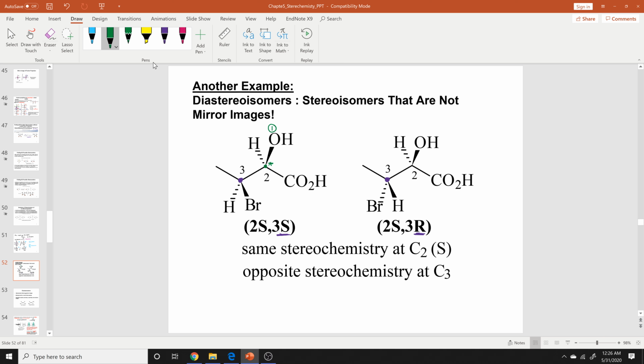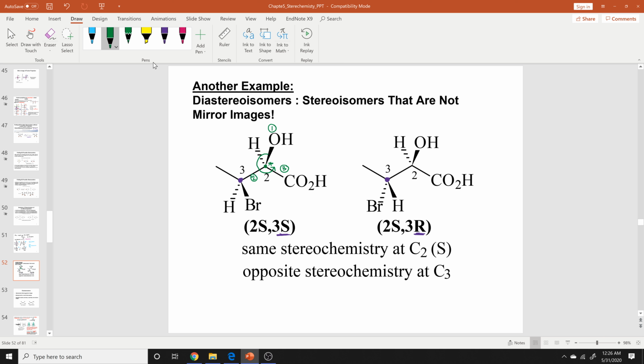You have a carbon, oxygen, carbon, you have a carbon, bromine, you have a carbon, oxygen. So that is going to be 2, and that is going to be 3. And I'm going by 1, 2, and 3 on carbon number 2 like that. So that is going to be, hydrogen is behind, an S configuration.